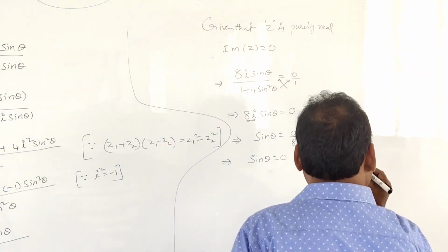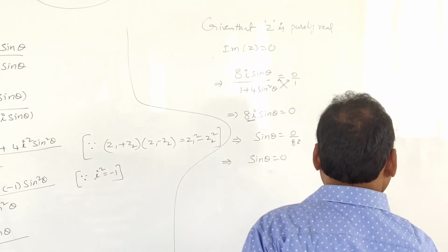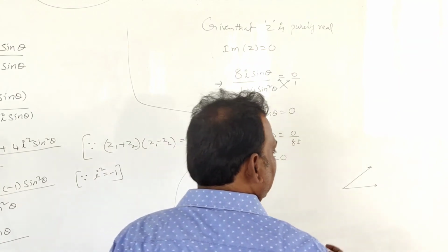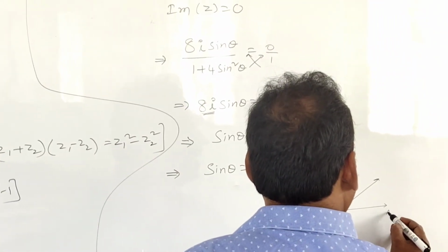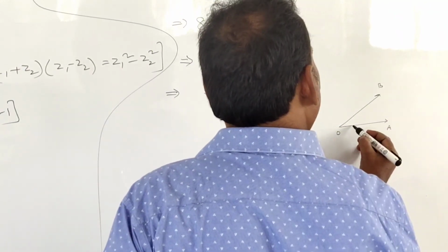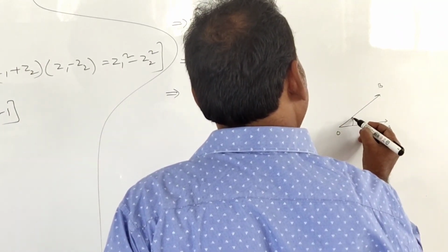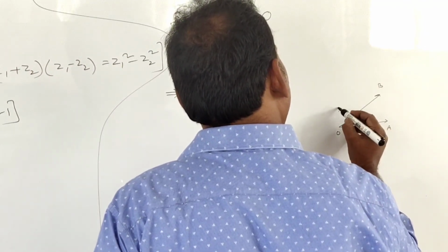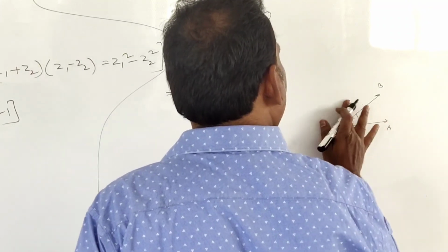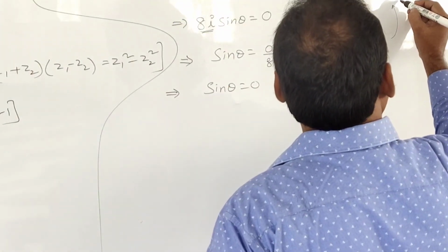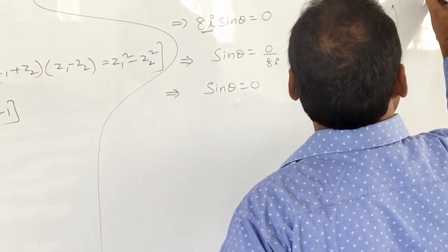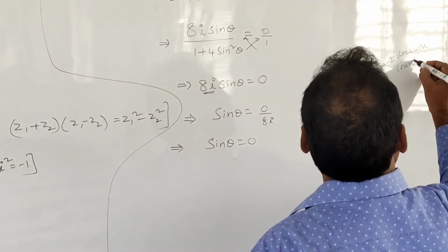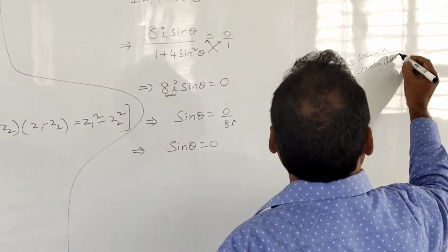See here, this is an angle, this is one ray, the initial ray, and this is the terminal ray. The terminal ray can rotate in two directions, this direction or this direction. This direction is always anti-clockwise, remember it, or one more name is counterclockwise.